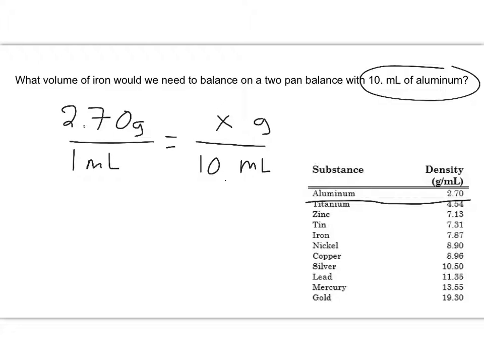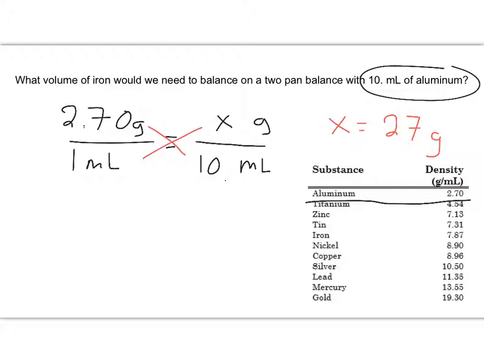So what we can do is we can cross multiply. So x times 1 is x. And we know that 2.7 times 10 is equal to 27.